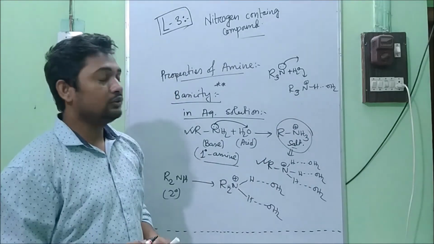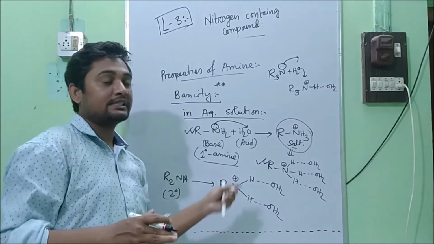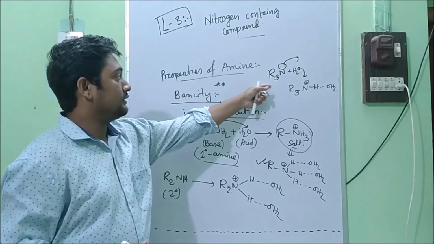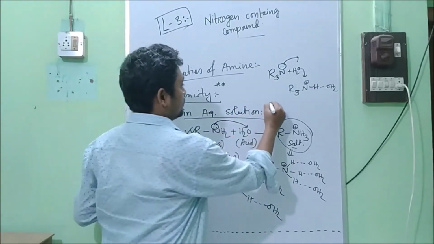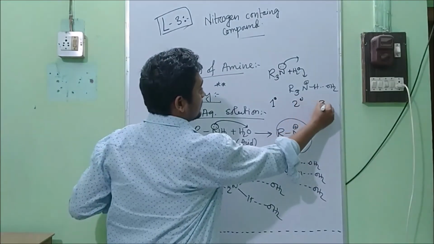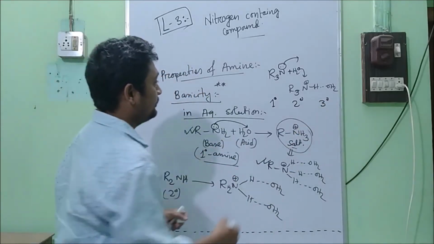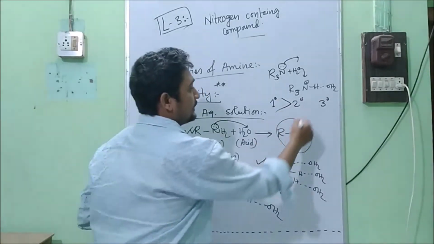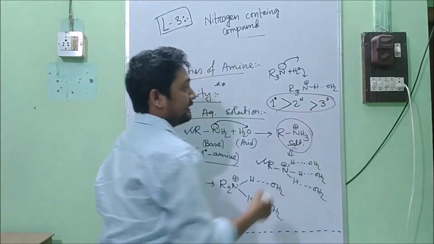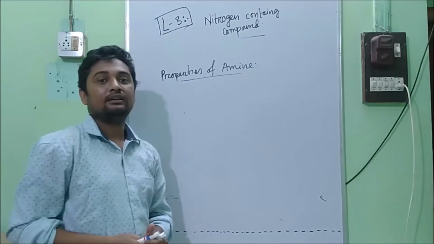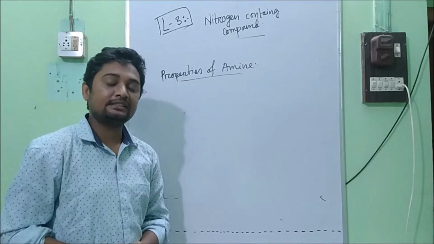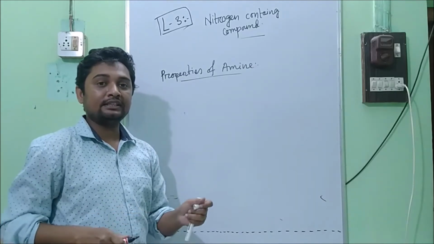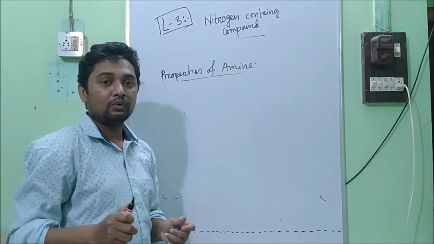That's why its basicity will be less. If we compare 1 degree, 2 degree, 3 degree, here basicity will be 1 degree more, then 2 degree, then 3 degree. So this is the final order in aqueous solution. But in experimental results, it has been found that the basicity of amine compounds is different.